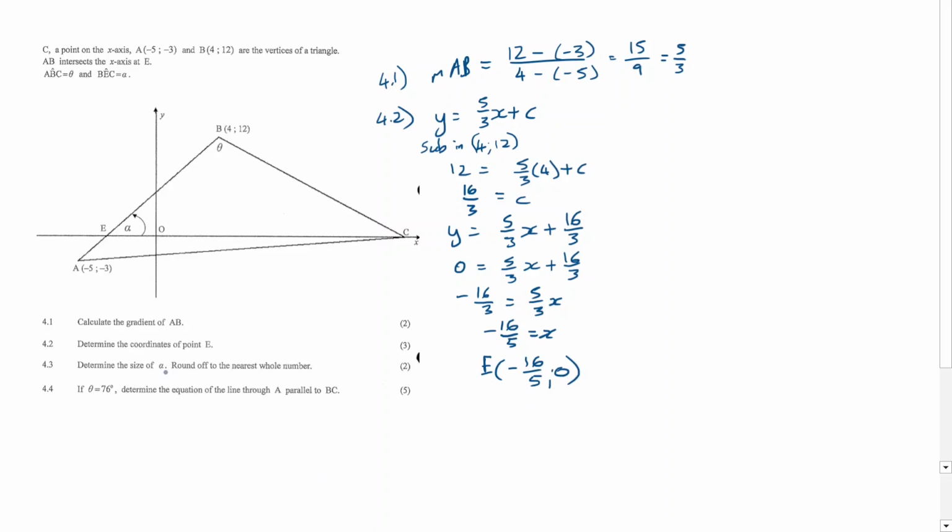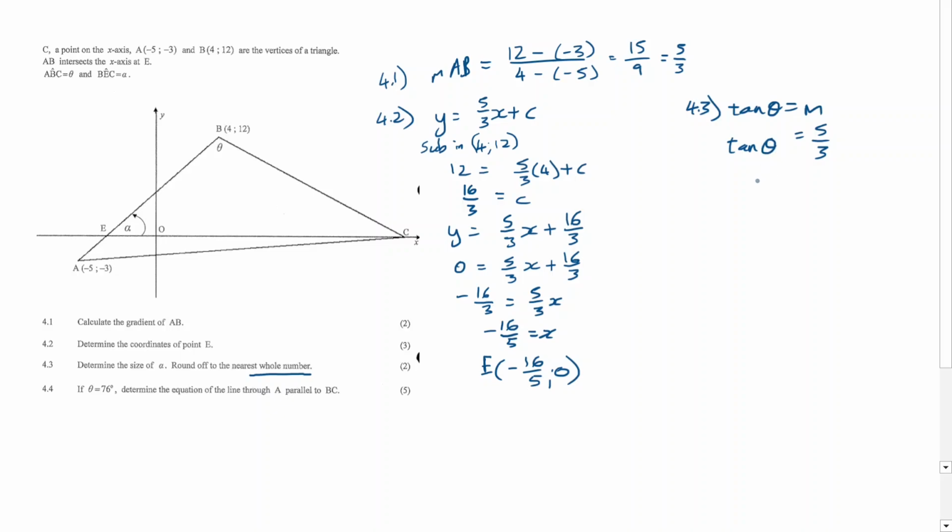Determine the size of A, round off to the nearest whole number. Sometimes we forget these little extra nuances that they give us. And so A, whenever you need an angle, you're just going to work with this formula. Tan theta equals m. Do I know the gradient of the line that touches it? Yes. That was the 5 over 3. So tan theta equals 5 over 3.